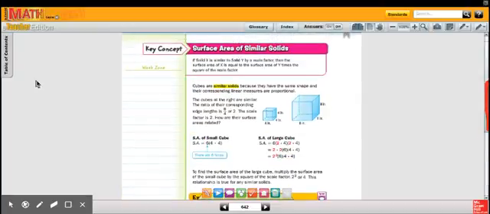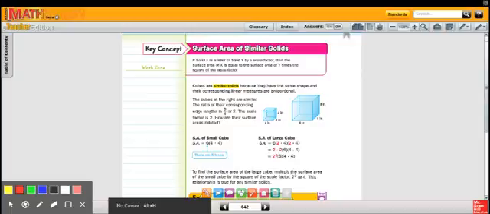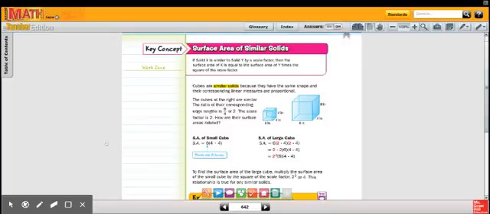And you'll see most of this is very familiar with what we've done before, especially in the last chapter of our last book. So here's what they're talking about with these similar solids. They have the same shape and their linear measurements are proportional, which is kind of like what we just did with those similar triangles.